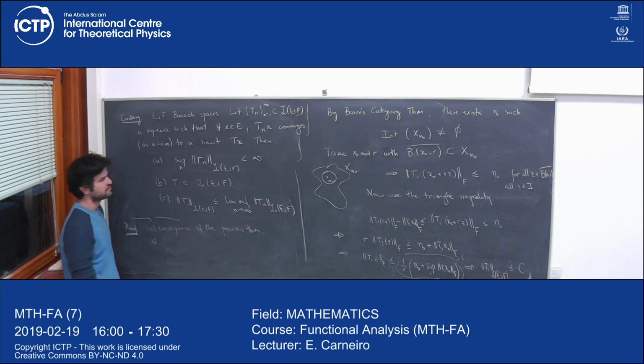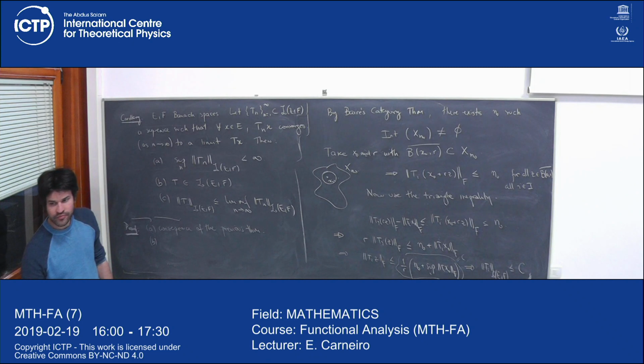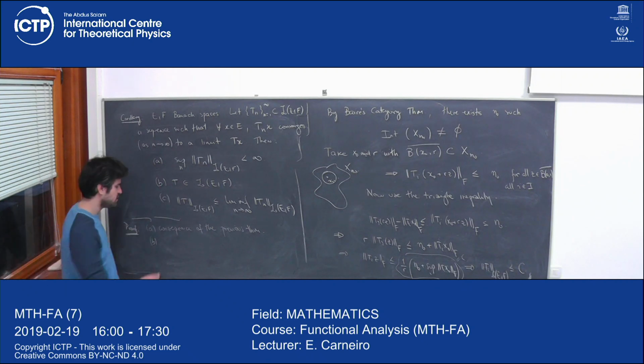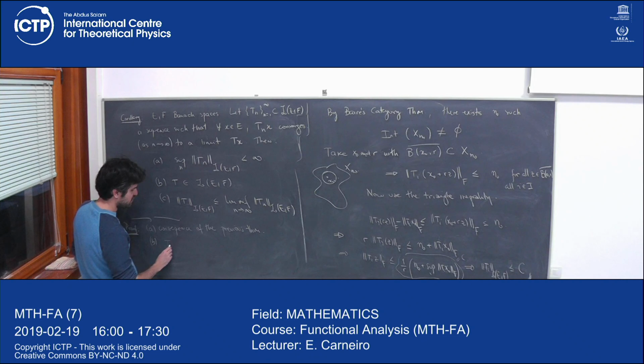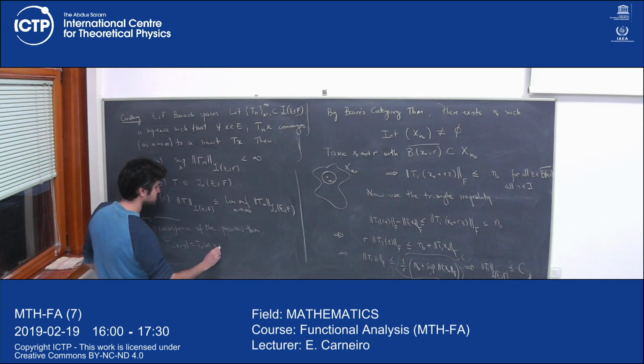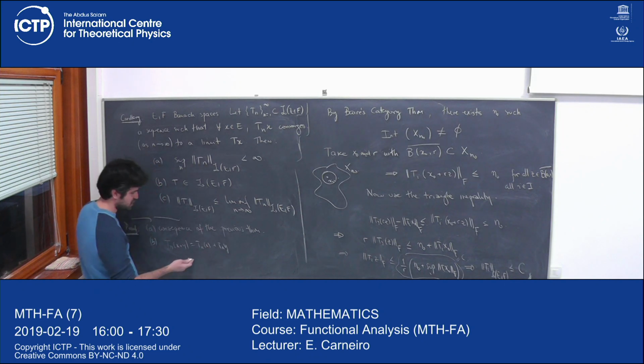B. Why is it linear? This new operator that they created, right? Well, if you have Tn of, say, x plus y, this is obviously Tn of x plus Tn of y, by linearity for each n.